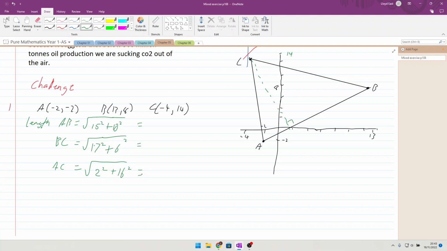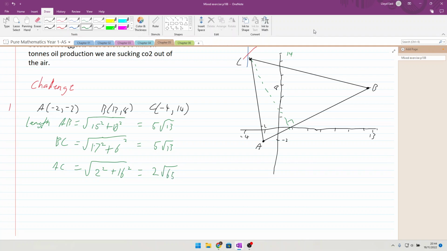So very quickly with the calculator on all of them, the square root of 15 squared plus 10 squared is equal to 5 root 13. The square root of 17 squared plus 6 squared is 5 root 13, and the square root of 2 squared plus 16 squared is 2 root 65.